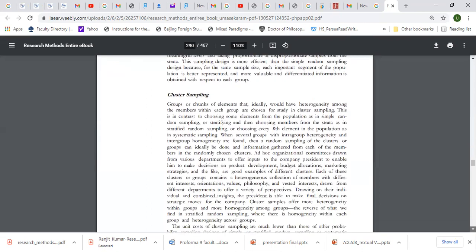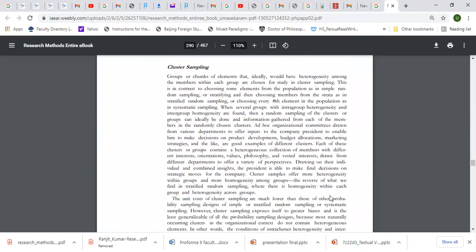Then we have cluster sampling. In cluster sampling, as the name suggests, you make clusters. Like you already have clusters, so it is not like stratified sampling.